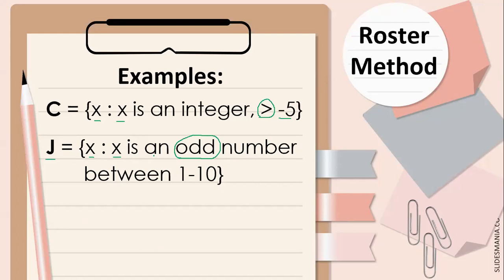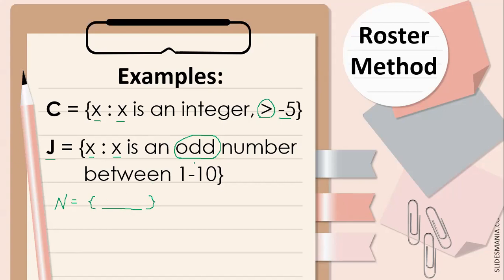Another roster method. Sino kaya ang kayang magbigay? Sino pa? Halimbawa, yung kaninang name na ginawa natin, pwede nating sabihin dito na set N equals yung mga letters in the word angel. Okay? Pwede natin sabihin yon.